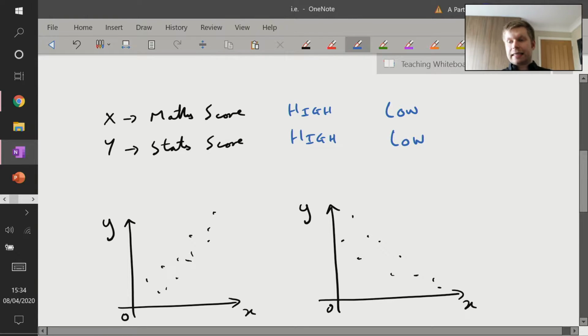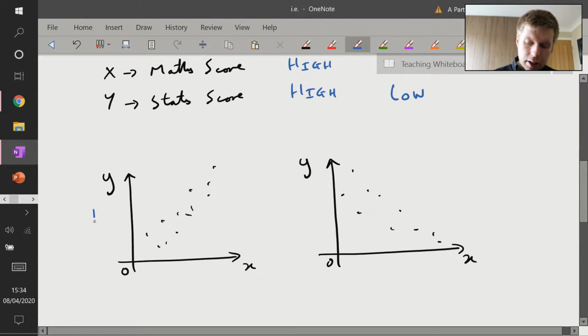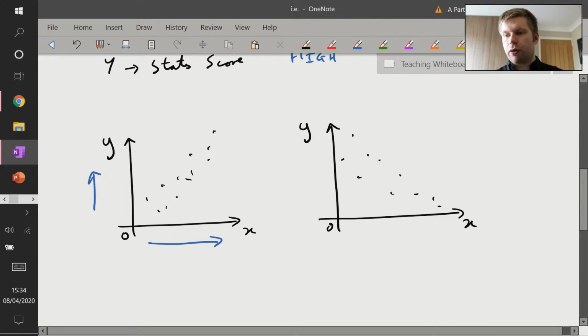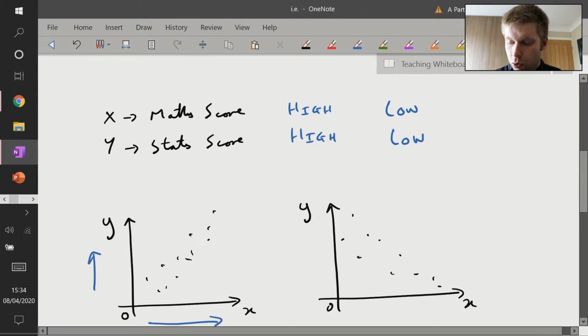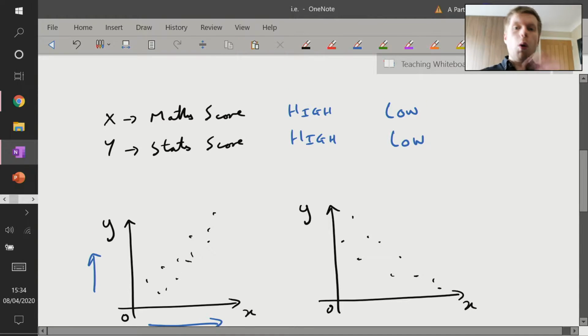This is literally the idea of positive correlation: as one variable increases, the other variable also increases. So as the maths score increases, the score on the stats test also goes up. You score high on the maths test and high on the stats test, or low on the maths test and low on the stats test.